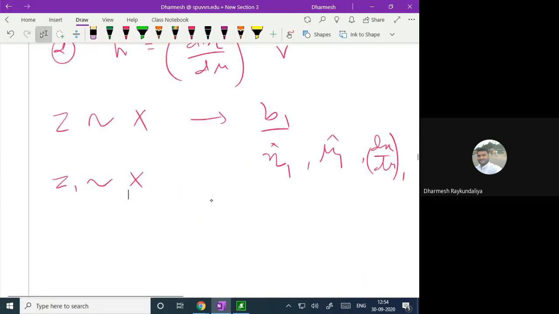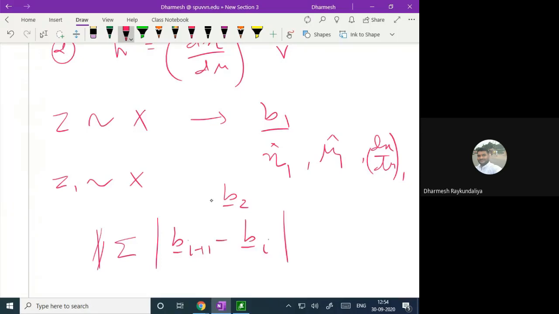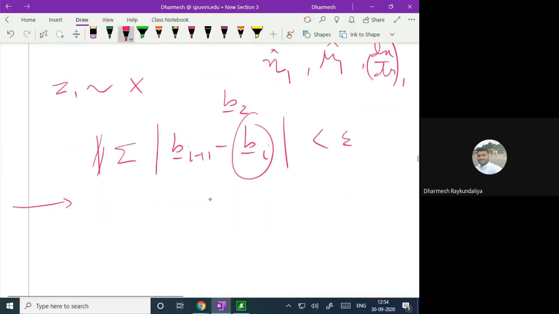Keep on obtaining. You will get the second estimate. See the successive difference between the beta (i plus 1) estimate and the ith iteration estimate; if it is less than epsilon, stop the iteration, and the ith estimate obtained at that iteration is the final estimate.